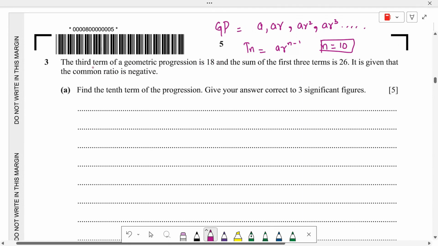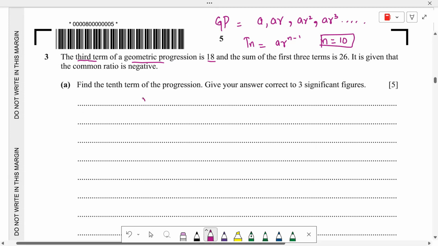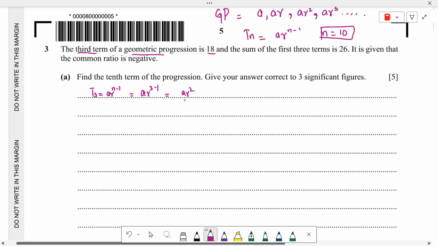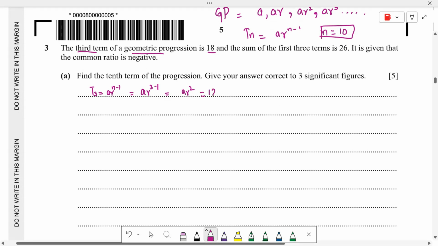The given data is that the third term of the geometric progression is 18. So T3, which is a r to the power of n minus 1, equals a r to the power of 3 minus 1, which is a r square, and this is 18.